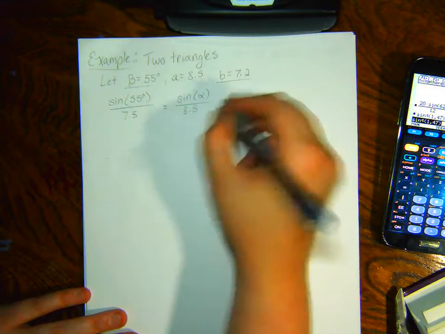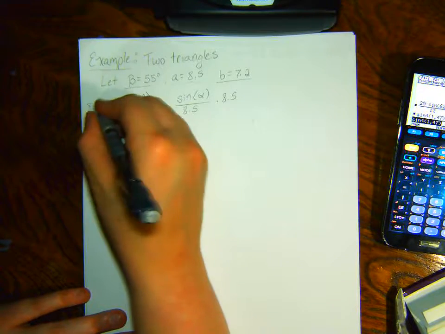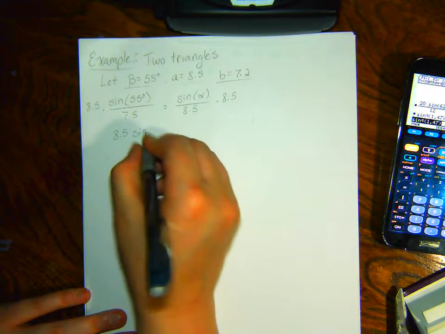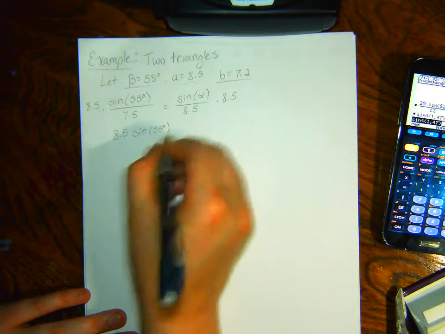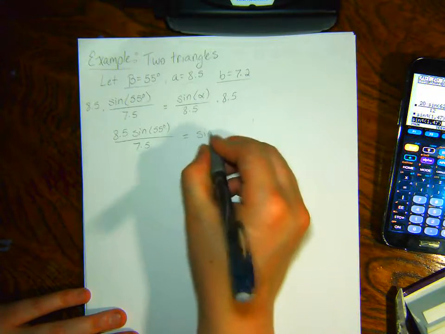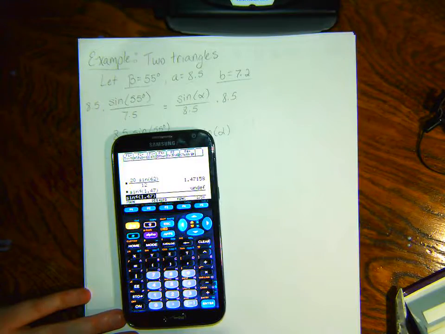Okay, so to get sine alpha by itself, we're going to multiply both sides by 8.5. It's going to give us 8.5 sine of 55 degrees over 7.5 equals sine alpha. Alright, let's put that into our calculator.